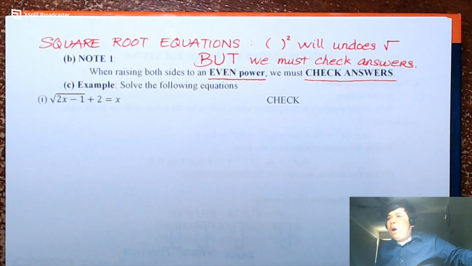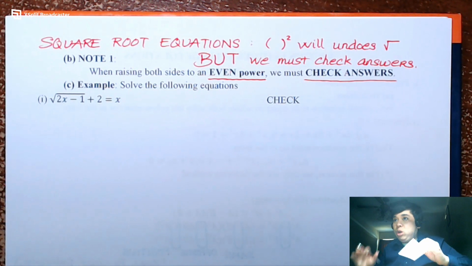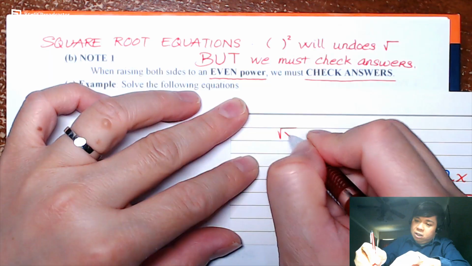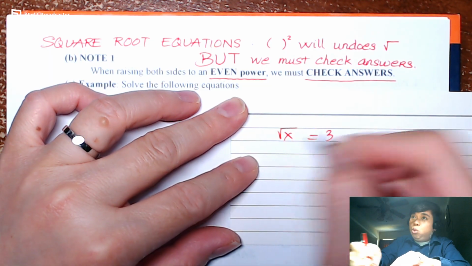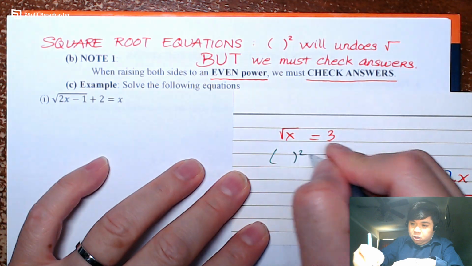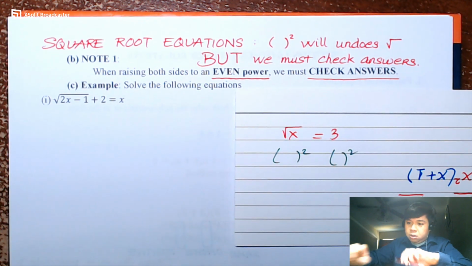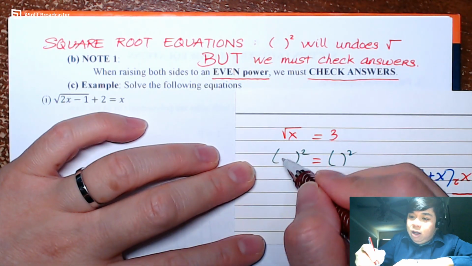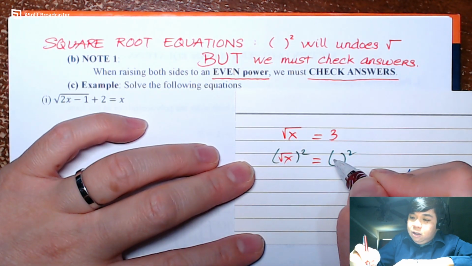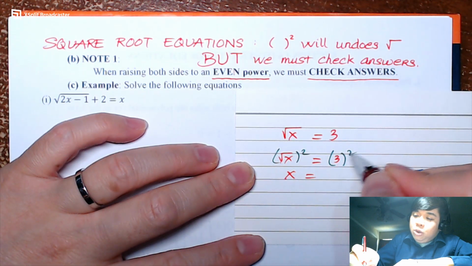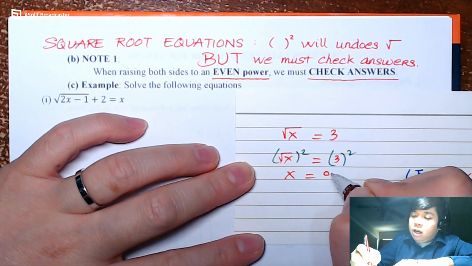They say, why do we check our answers? Well, we square both sides, right? Let's say if we have square root of x equal to 3, we square both sides. And we have, square root of x squared is x, and 3 squared is 9.